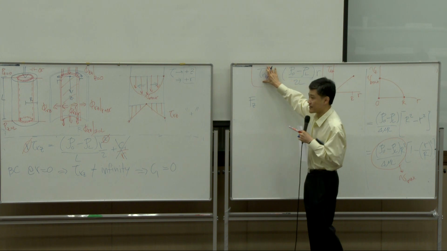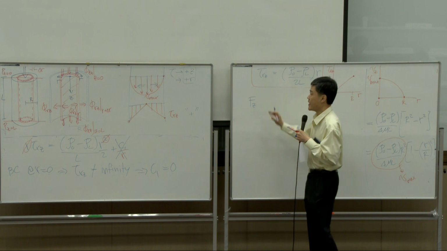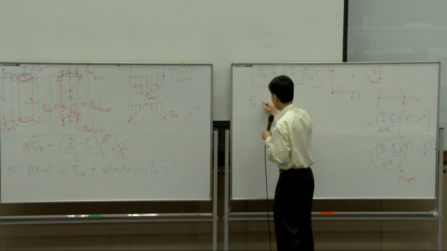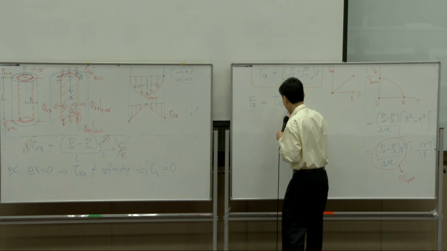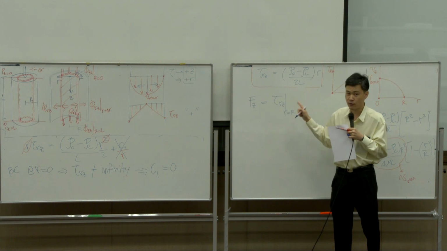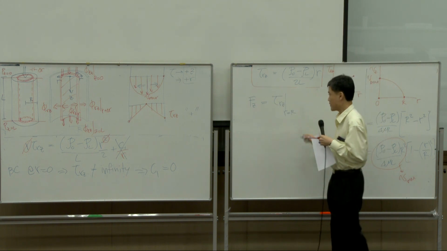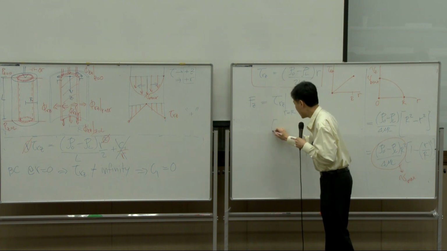This is the force that the liquid acts at the wall. It would be equal to tau rz at r equal to capital R. That's the shear stress at the wall, which should have units of newton per square meter.